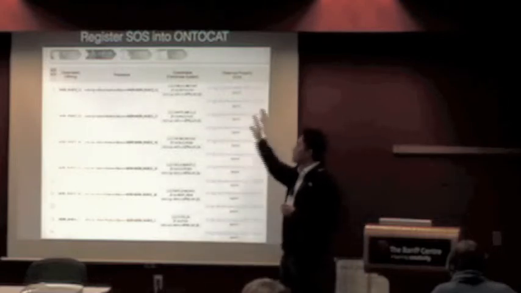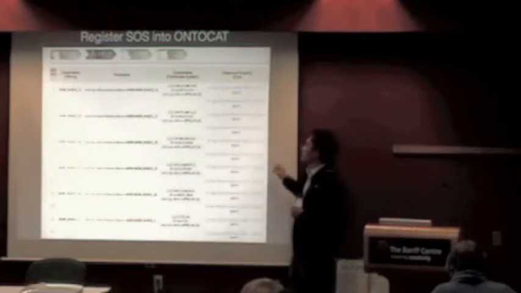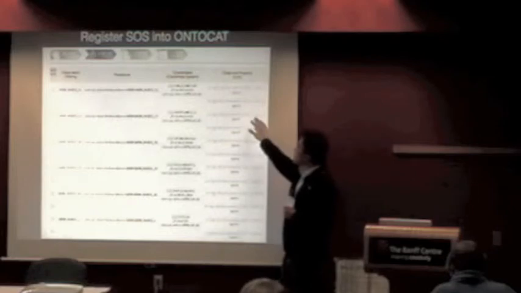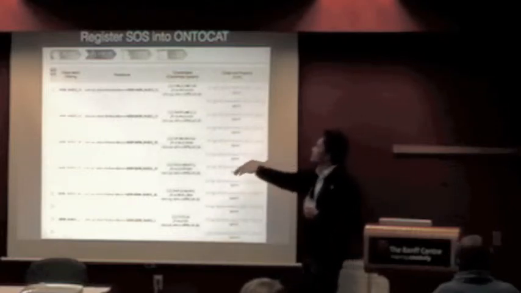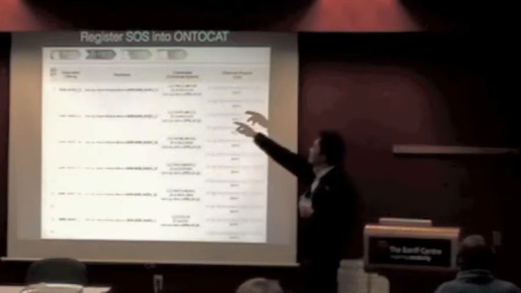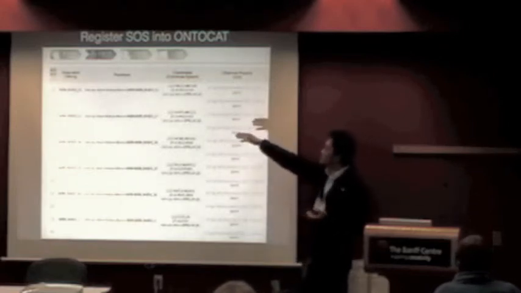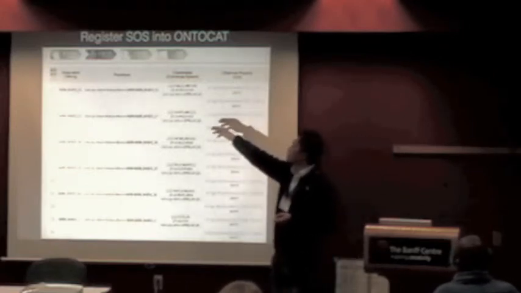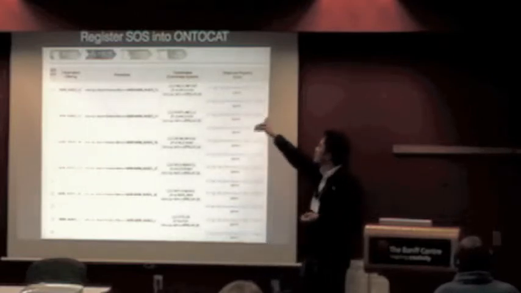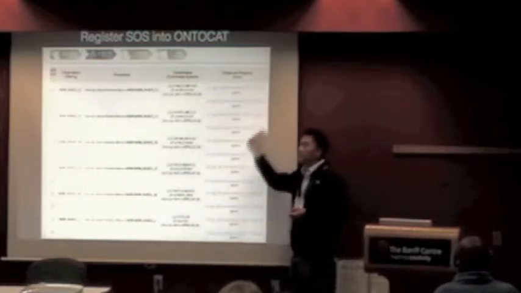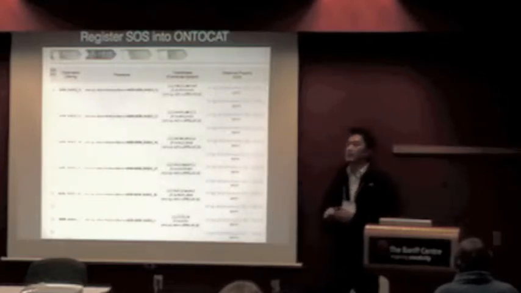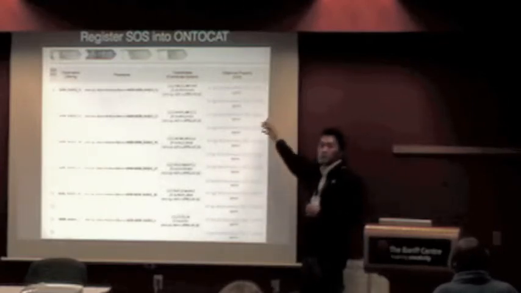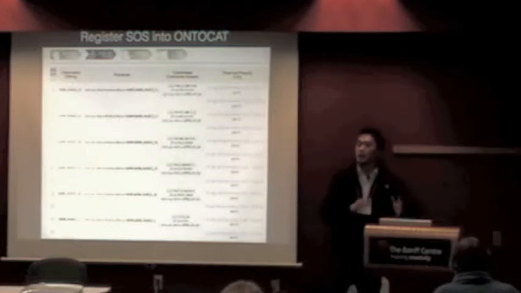So this is the get capability response of the SOS service. And you can see here we show the observation offerings, procedure, coordinate systems, and observed property. And the user can manually annotate this observed property to our concept in the ontology.